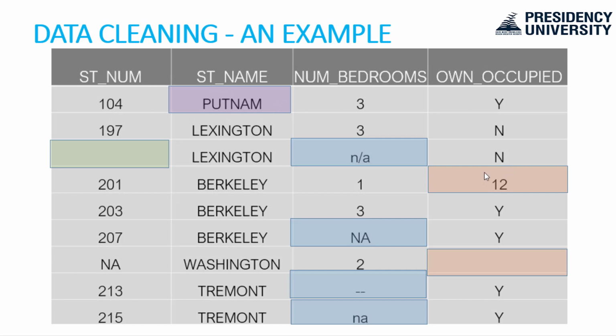We also have a value called 12, which is not expected; instead, it should be either yes or no. There's also a case where not available is given in 4 different formats: n/a in small case, NA in caps, na in small case, and a dash. All this represents not available, which has to be standardized. So these are the problems with this dataset, and it has to be cleaned in order to get a better result.